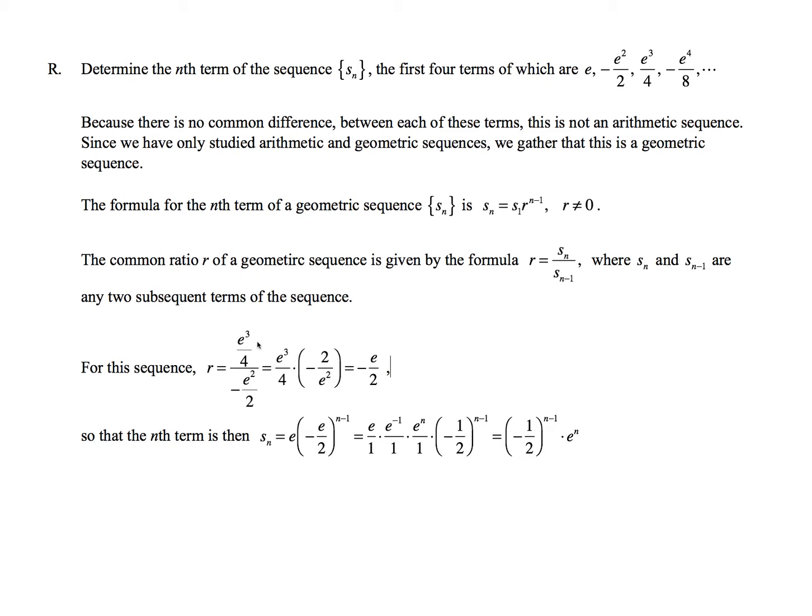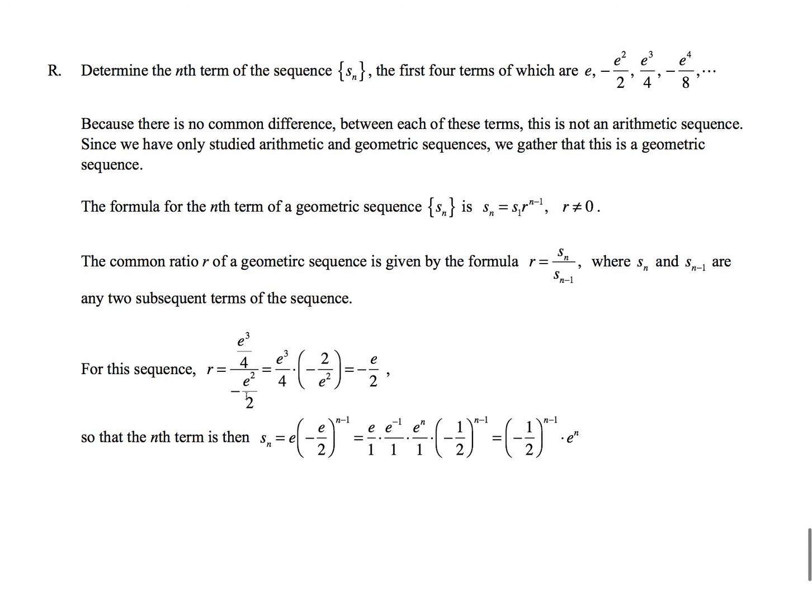Well, this is a complex fraction, and the way I've chosen to reduce that is to multiply the numerator by the reciprocal of the denominator. So e cubed over 4 times negative 2 over e squared simplifies as negative e over 2. The 2 here cancels with one of the 2's here, and the e cubed over the e squared reduces to just e. So my common ratio r is negative e over 2.